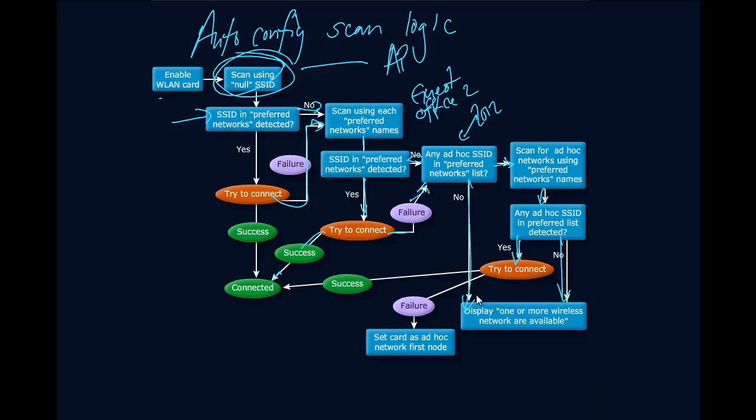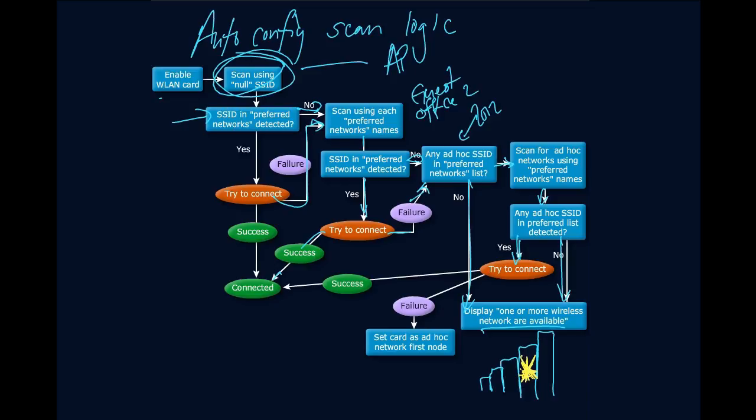If I don't have an ad hoc network on my preferred networks list, or I can't find or connect to an ad hoc SSID on the preferred list, we are going to display one or more wireless networks are available. Now, we're only going to do this if a wireless network is available, and it'll show up as that icon we saw before, with 5 bars, and then it's going to have that asterisk right here. That's what you'll see on your network menu bar.